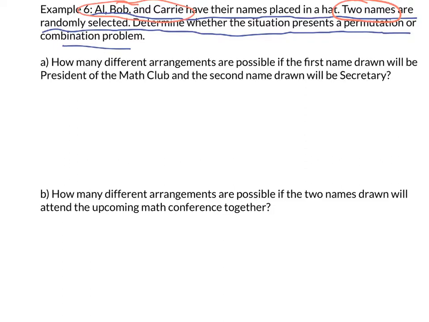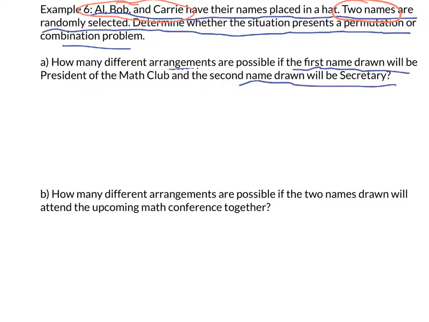We're not counting out and rearranging all the names in a line or picking out all the names from the hat. So keeping that in mind, now looking at part A, how many different arrangements are possible if the first name drawn will be president of the math club and the second name drawn will be secretary?